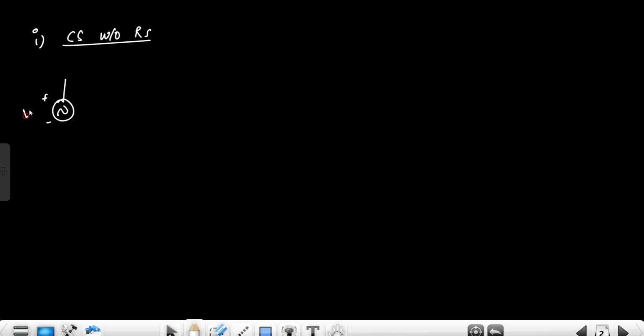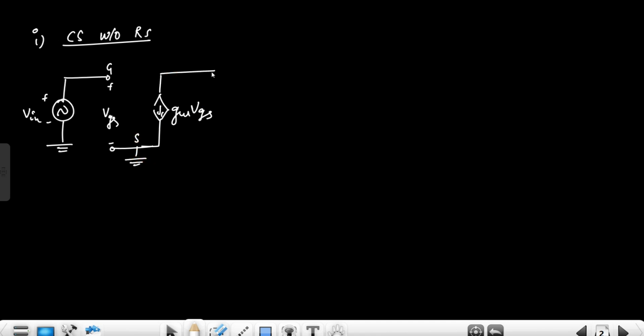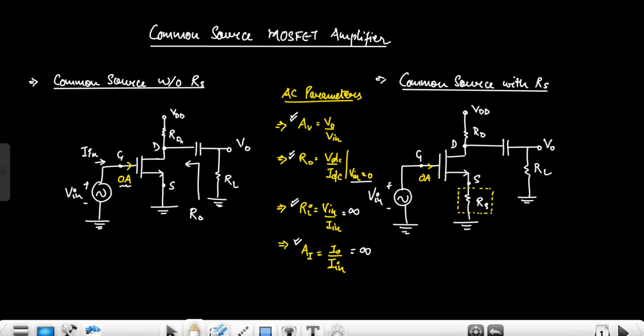This is the input from gate to ground, this is the VGS, and this is the gm VGS current source. The source is grounded here, this is R0, and at the drain terminal the load is connected. This is the load, RL dash, in AC analysis.